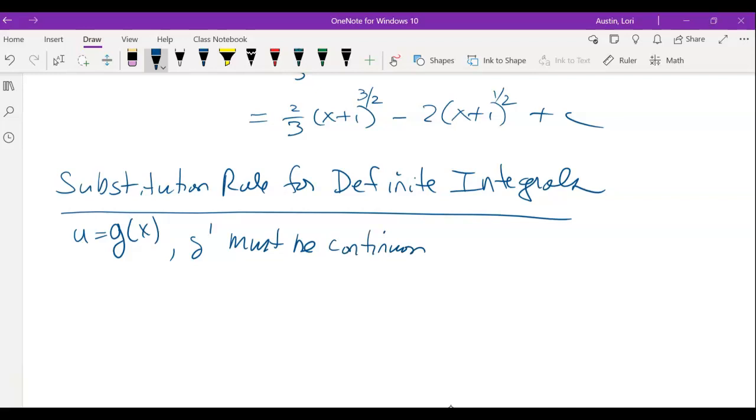So basically, the derivative of your inner function has to be continuous, as long as these assumptions are going to hold for the problems you're going to do, on some interval. And then, of course, your outer function, your f function has to be continuous on the range of g. So it's whatever the outcomes of g is.